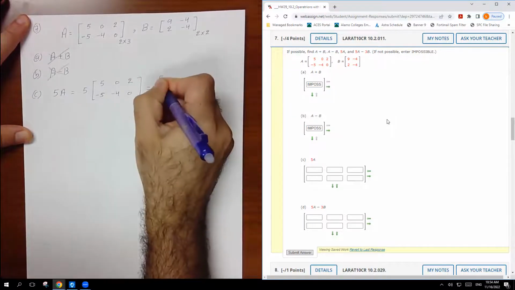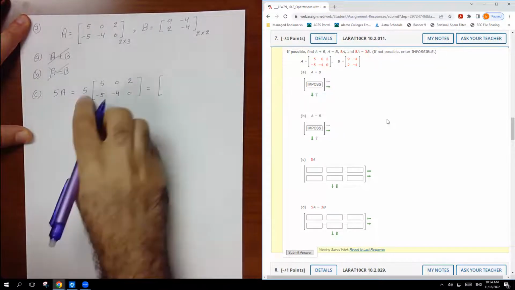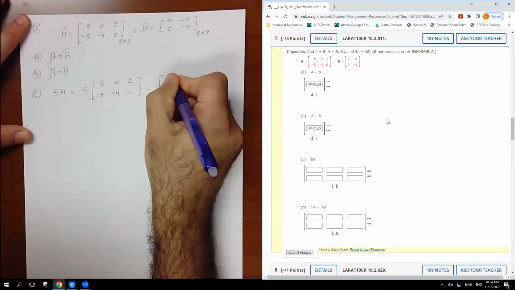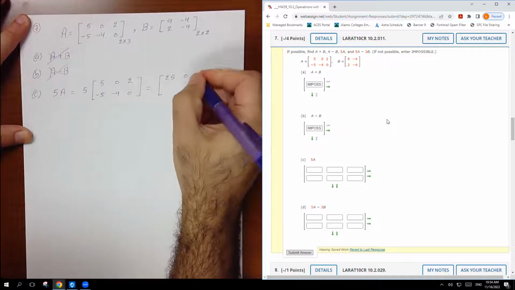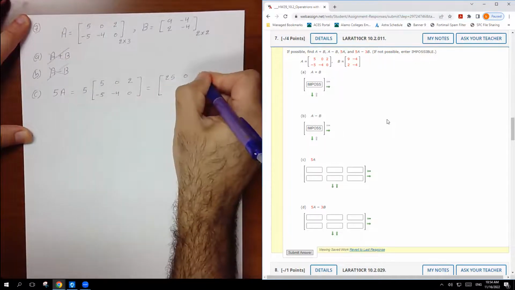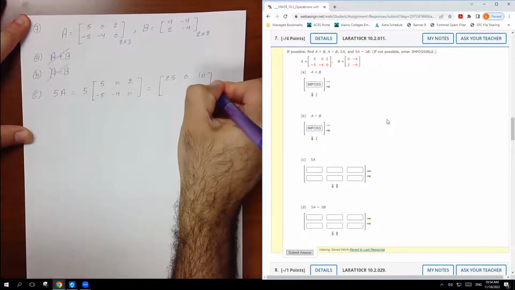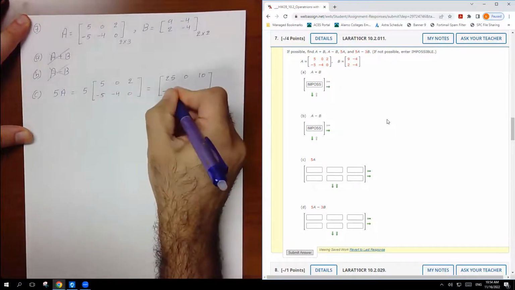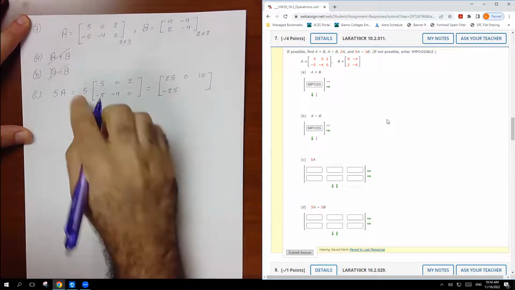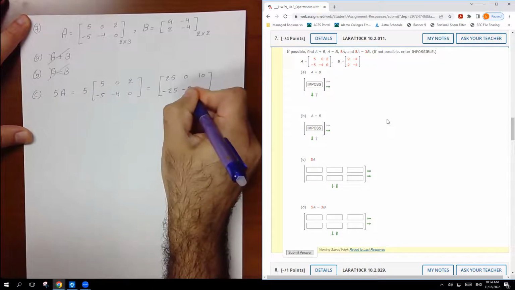And the result is going to be 5 times 5 is 25. 5 times 0 is going to be 0. 5 times 2 is going to be 10. 5 times -5 is going to be -25. 5 times -4 is going to be -20.